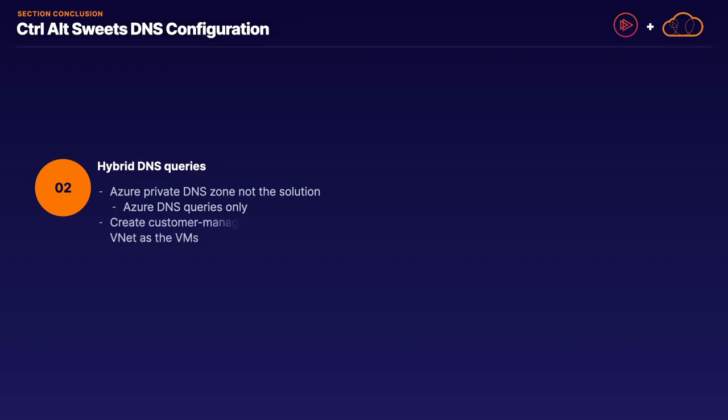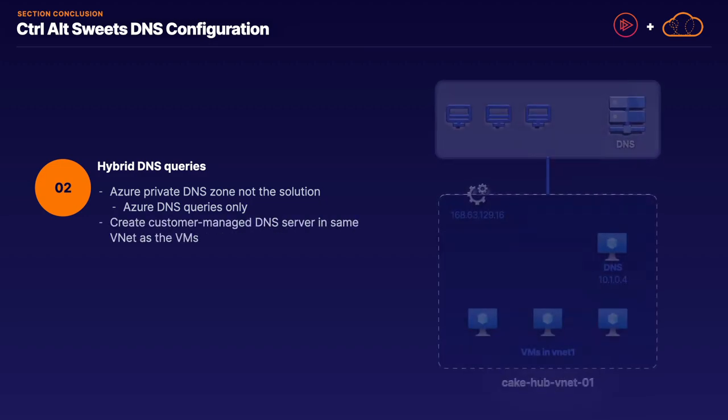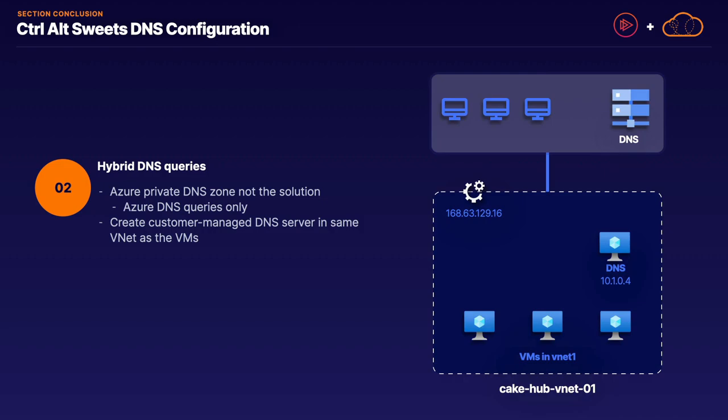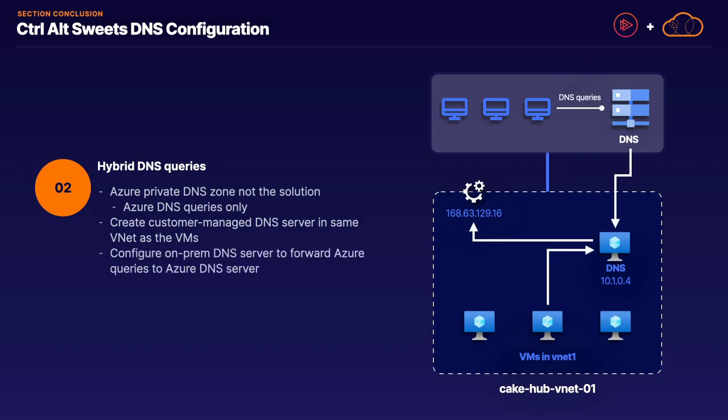Rather, the preferred solution is to create a customer-managed DNS server that the customer manages on their own in the same virtual network as their virtual machines. After this separate DNS server or virtual machine is created in your virtual network, you can then configure your on-premises DNS server to forward Azure-based queries to the virtual network-based DNS server, which will then be able to provide DNS query resolution back to the on-premises network.